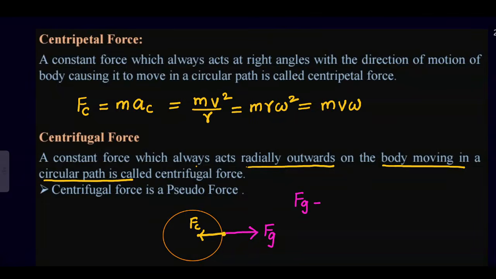The centrifugal force Fg is equal to mv square by r, which is also given as mr omega square, which is also given as mv omega.